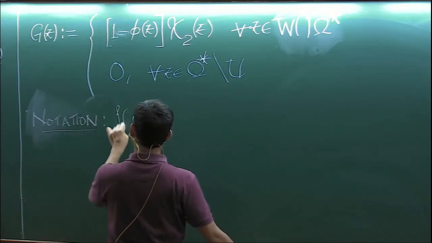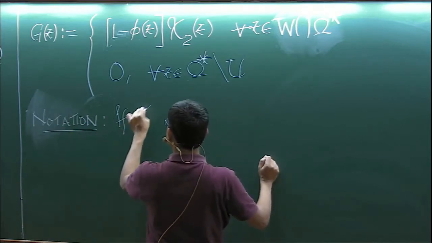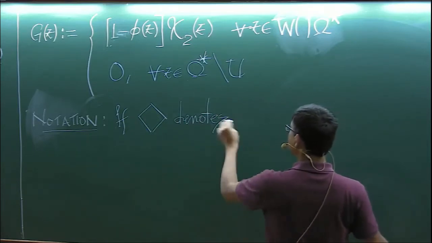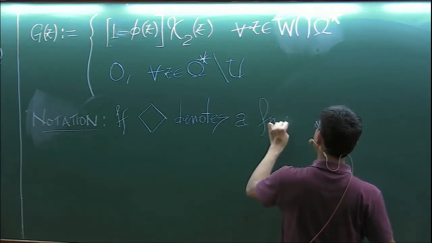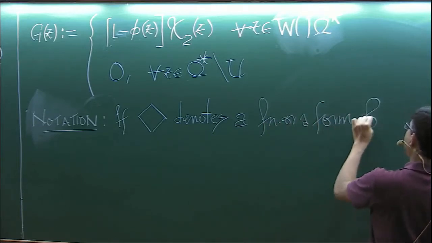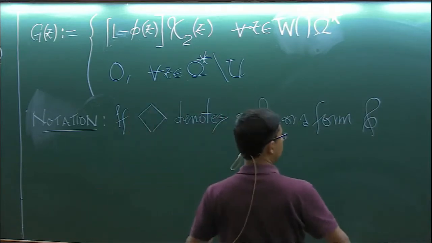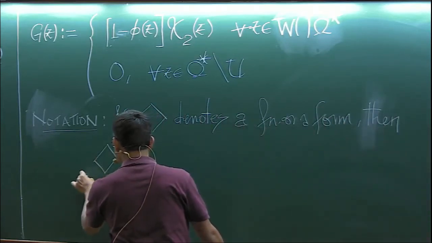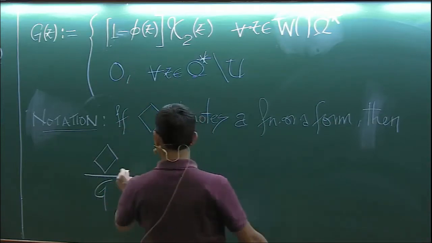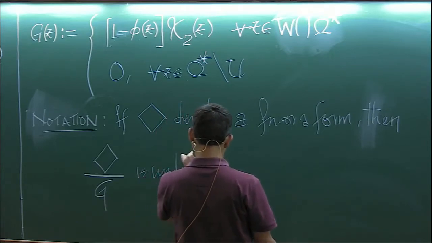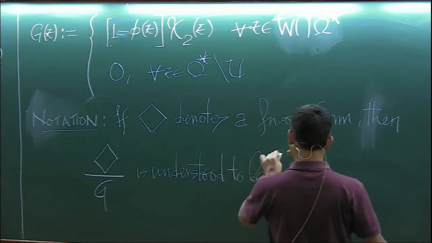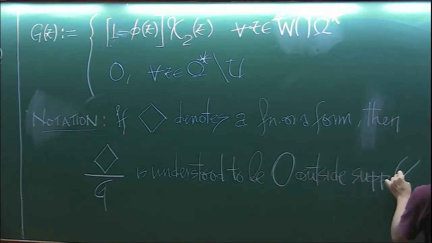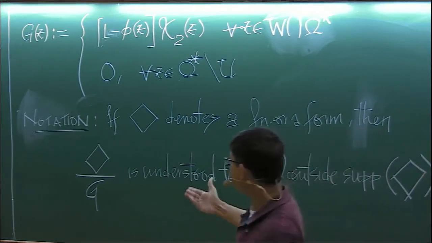If this diamond denotes a function or a form, then chi divided by G is this object that I just defined, is understood to be 0 outside the support of this object.